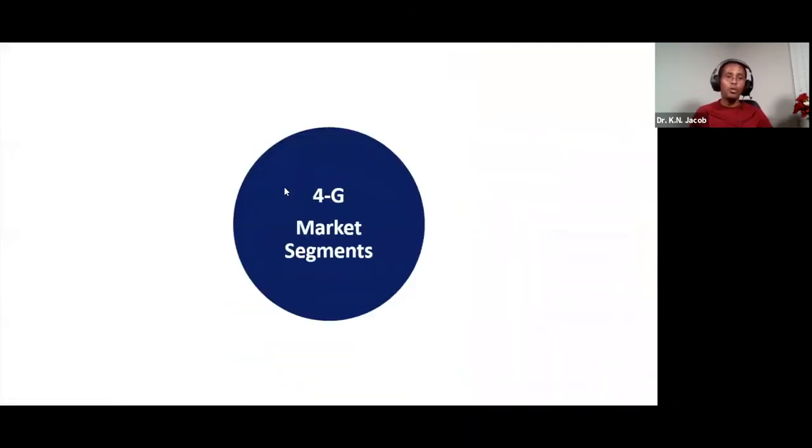So today, I want to give you my 4 market segments. Let me give you a warning in very good faith. The market segments I'm going to give you may not be the market segments you have come across in books. As a matter of fact, they may not exist in any book.